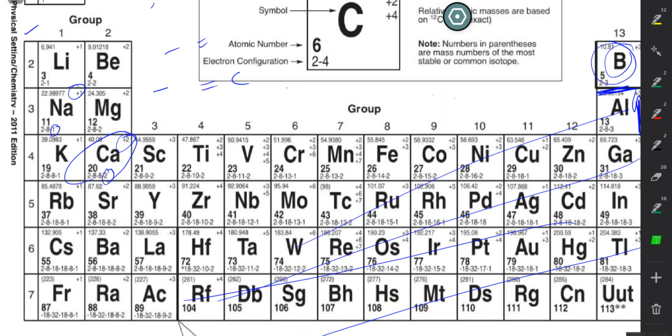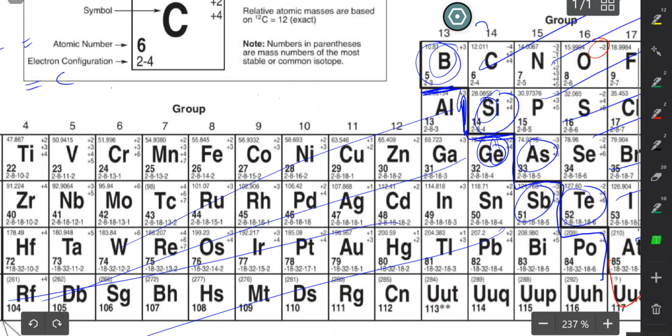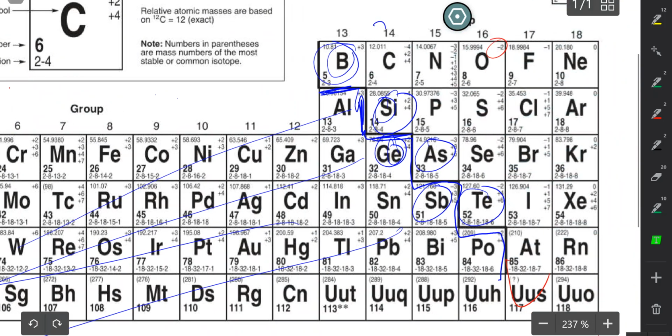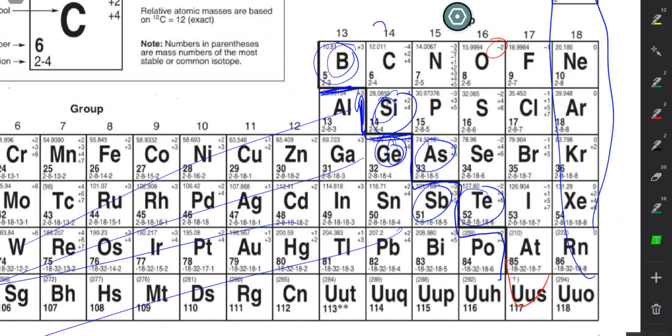It likes to lose them because if it loses them, it will move to the second to last shell here and will have an octet, meaning a stable chemical electron configuration. And every element on the periodic table wants to achieve that chemical stability, with the exception of the noble gases right here, which are already stable, group 18. They don't need to gain or lose.